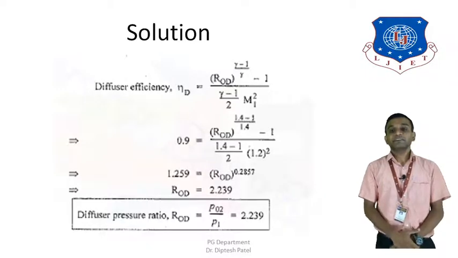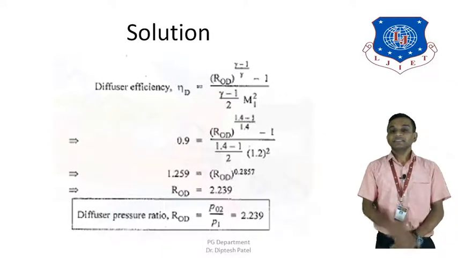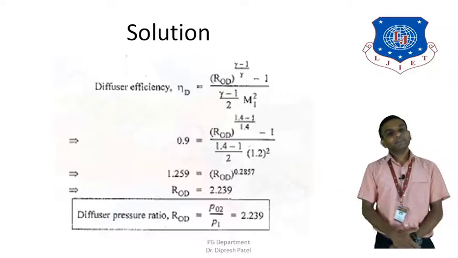Now let's move forward to the fourth finding, that is the diffuser efficiency, the diffuser pressure ratio. Since diffuser efficiency is given to us, we can use it to find out the diffuser pressure ratio, and the equation for the diffuser efficiency, eta D is equal to (r_D raised to (gamma minus 1) divided by gamma, minus 1) divided by ((gamma minus 1) divided by 2) M1 square, right? So now let's put the values. We can get 0.9 for the diffuser efficiency, gamma is given to us 1.4, and the Mach number is 1.2.